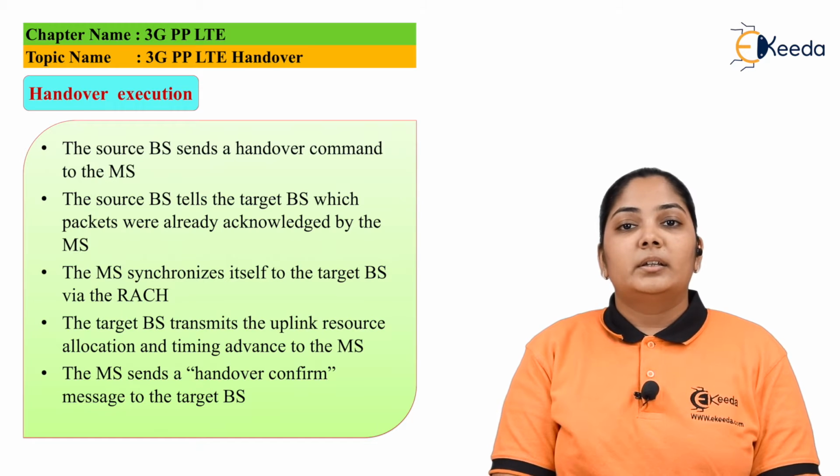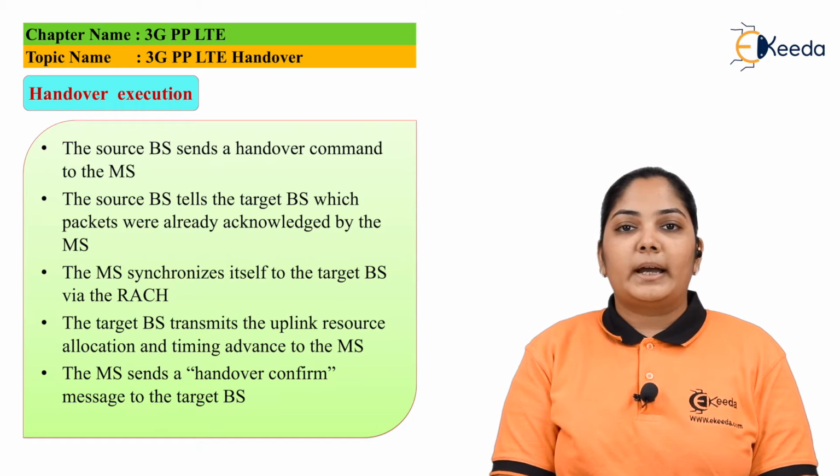Means it allocates the frequencies on which the mobile is getting transferred. The mobile station sends a handover confirm message to the target base station. From that time onwards, the target base station and the mobile station will communicate with each other. So handover execution is done.